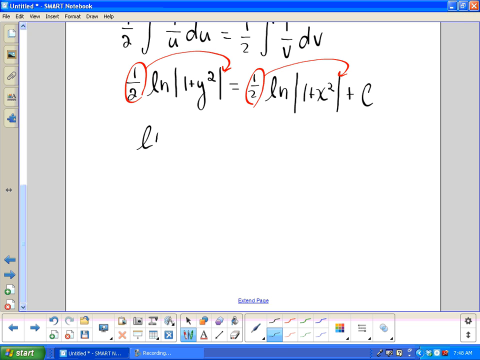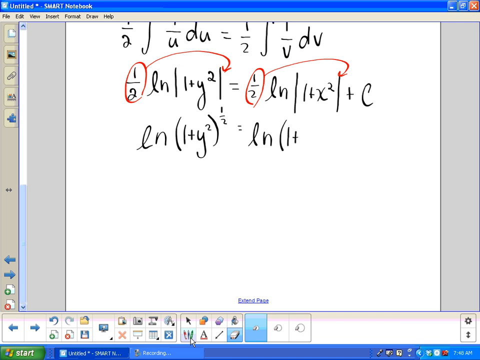So then I end up with the natural log of, I don't really need absolute values actually because everything's going to be positive. So let's do this. The natural log of (1 plus y squared) to the 1/2 is equal to the natural log of (1 plus x squared) to the 1/2 plus c.